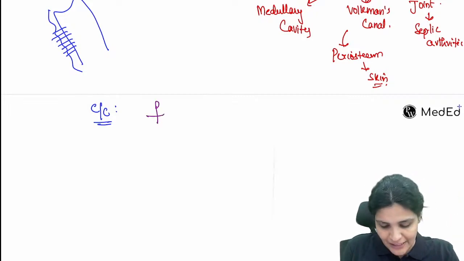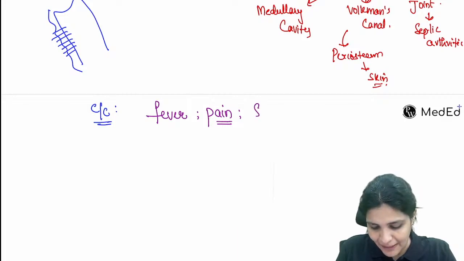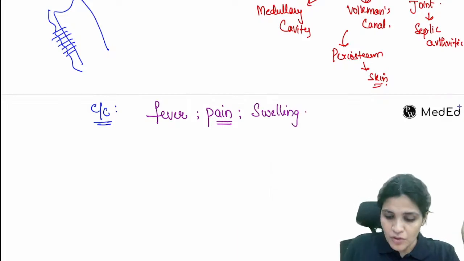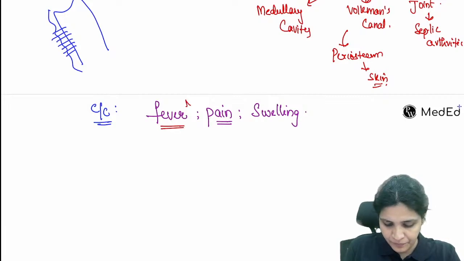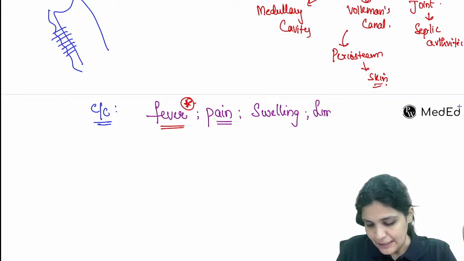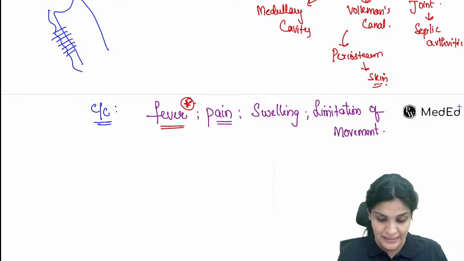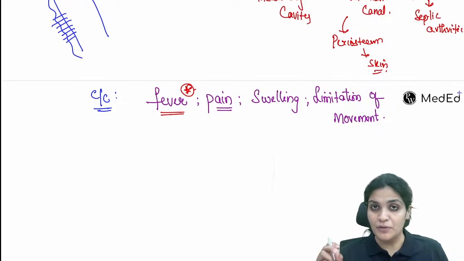The first one is fever and a lot of pain. They come with pain and mild swelling, and the most important thing is fever. And then you will have limitation of movements. So the patient comes with pain, fever, swelling and limitation of movement.